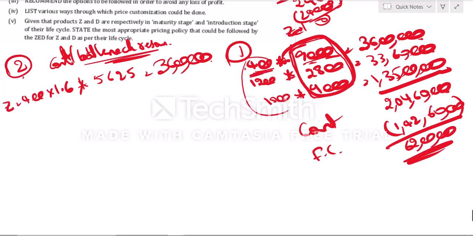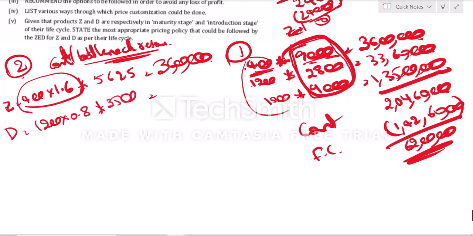Why did we do that? If we take contribution per bottleneck resource, we need to consider the bottleneck resource we are using. In the same way, this is D: 1200 into how much D is using, 0.8, into the bottleneck resource contribution, 3500. 1200 into 0.8 into 3500, 33 lakh 60,000.